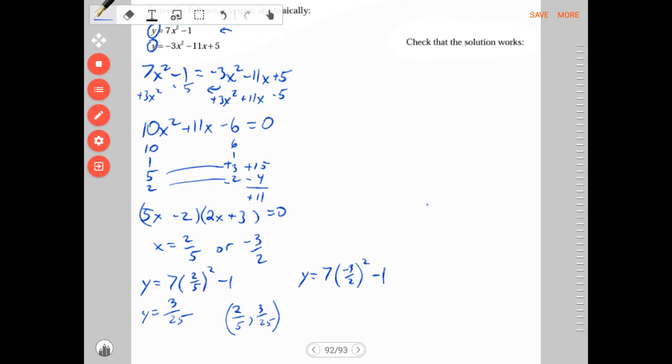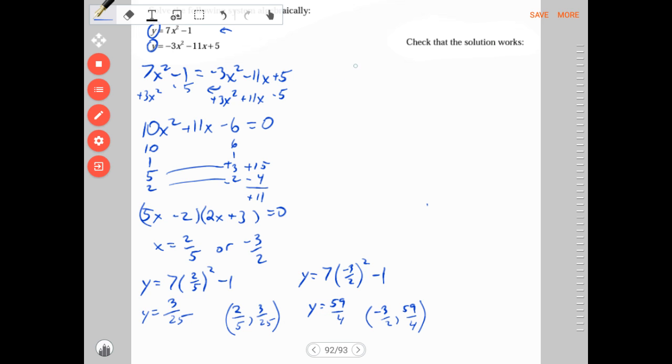That's 14.75 or 59 over 4. Kind of a crazy number, but that's the way it is. It's not a big deal. So negative 3/2 and 59 over 4. So those are our two answers, and now we double check to make sure that they both work.